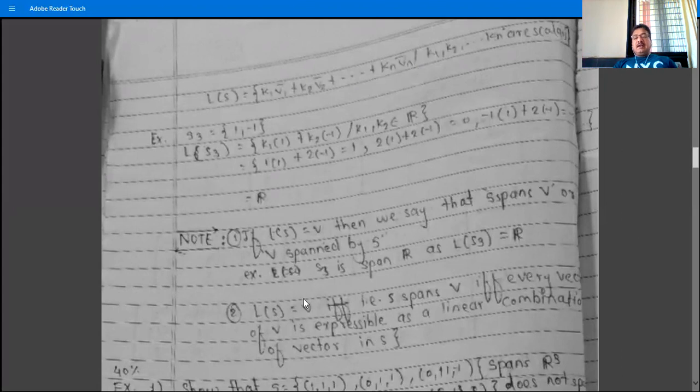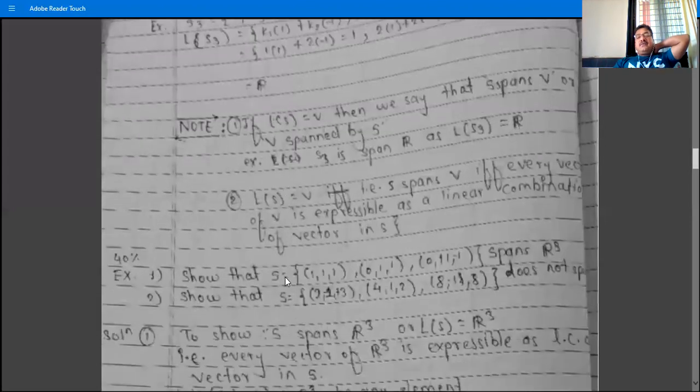That is, if you take any element from vector space V, and it is expressed as a linear combination of v1, v2, ..., vn, then it belongs to LS. Therefore V is a subset of LS if every element of V is expressed as a linear combination of elements in S.